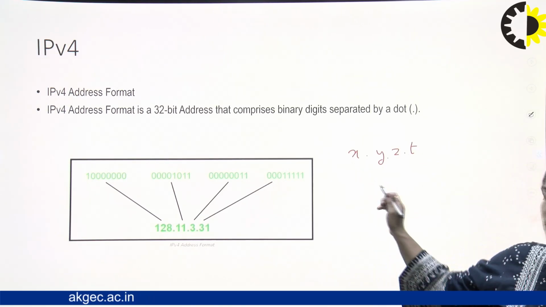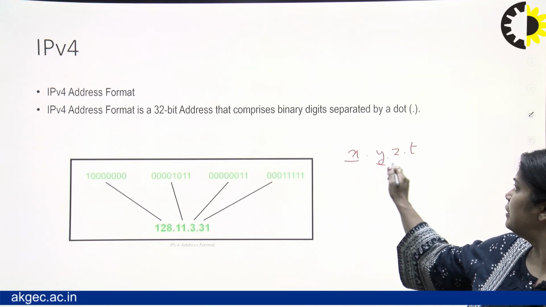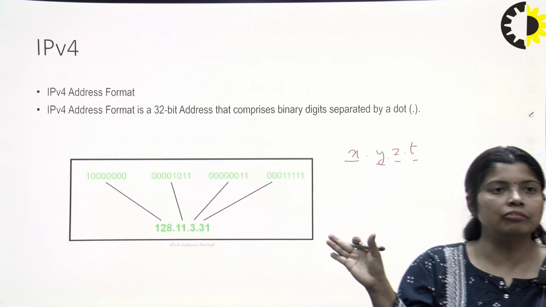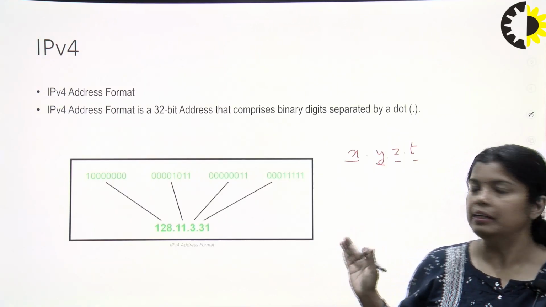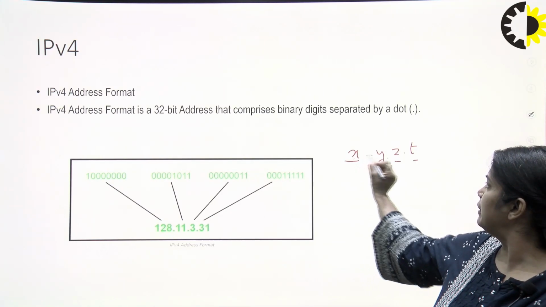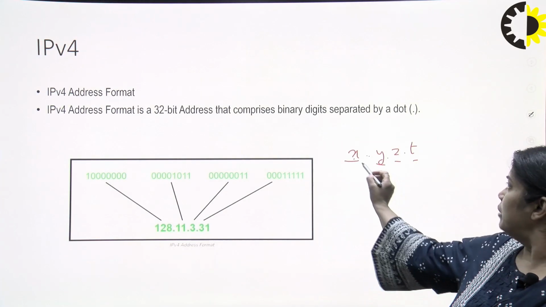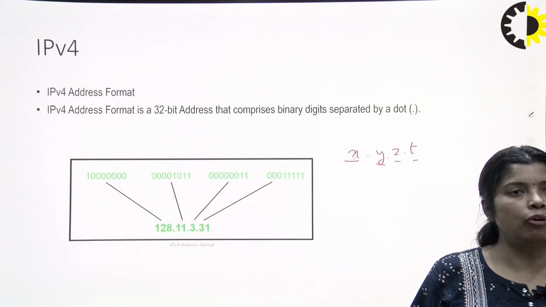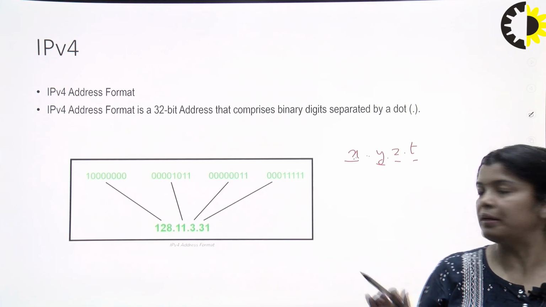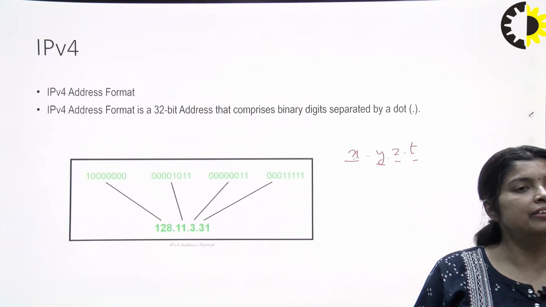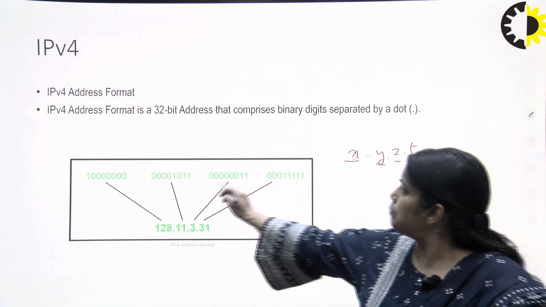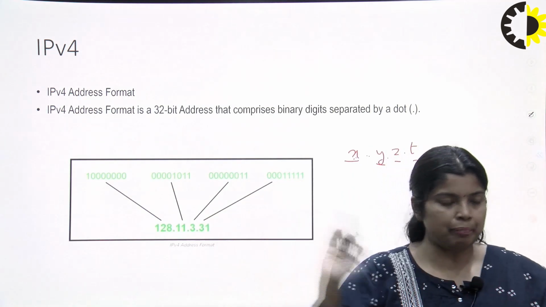And these 4 octets are of 8 bits each: 8 bits, 8 bits, 8 bits and 8 bits, so the length of the address is 32 bits. So the address is x dot y dot z dot t. This is the decimal notation. Always these octets will be separated by a dot. And when we are using the binary notation, we can separate these octets with spaces.